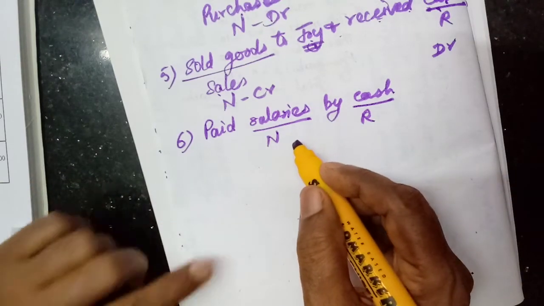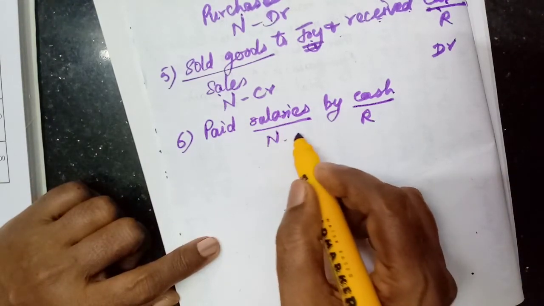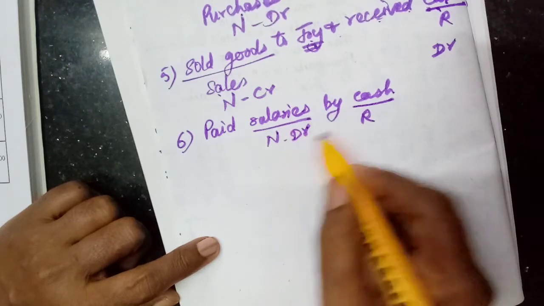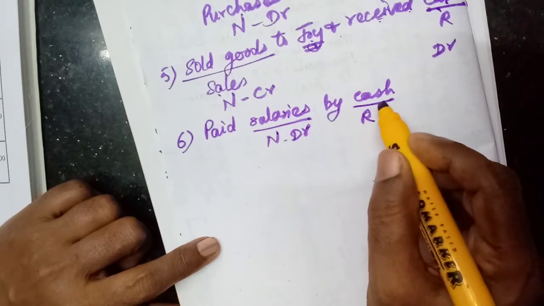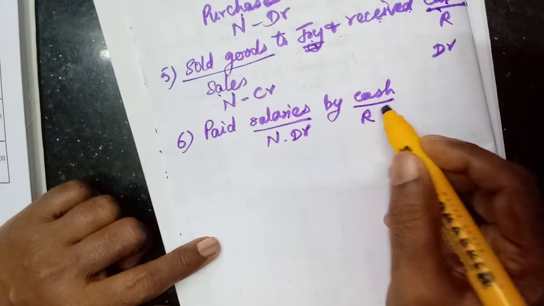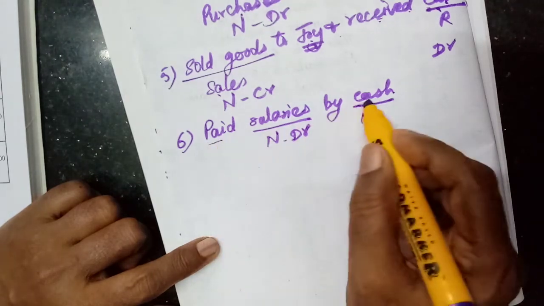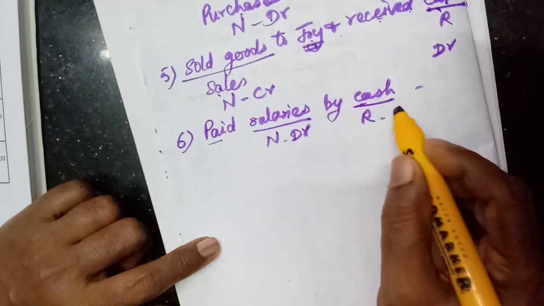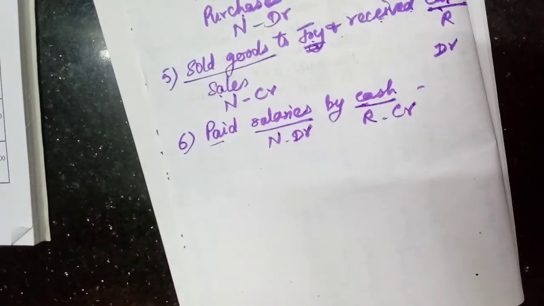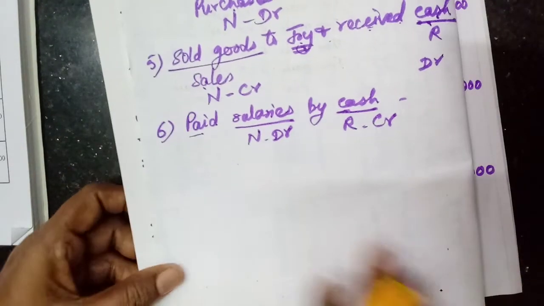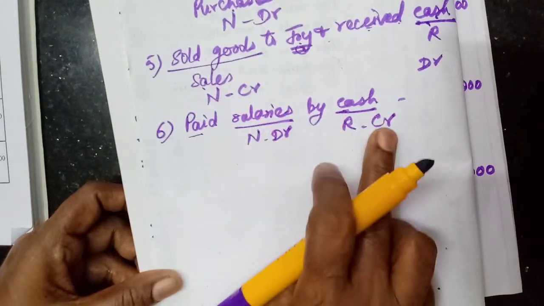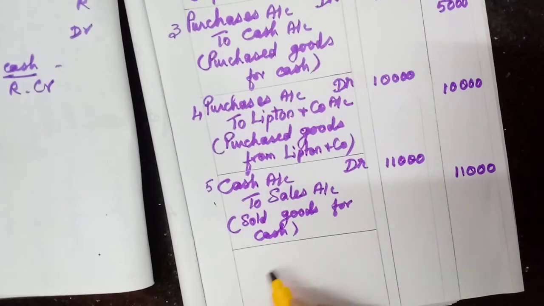Debit all expense and loss. This one is expense. So we need to debit. Okay, this one cash. Debit what comes in, credit what goes out. We are paying salary. So cash is going out. So we need to credit. Understood? So what is the entry? Salaries account debtor to cash.